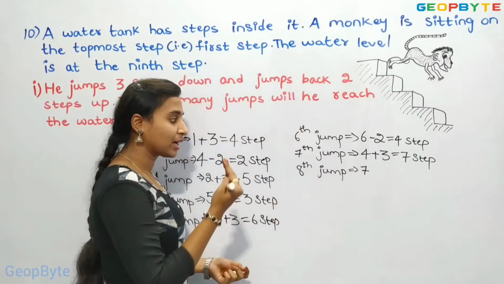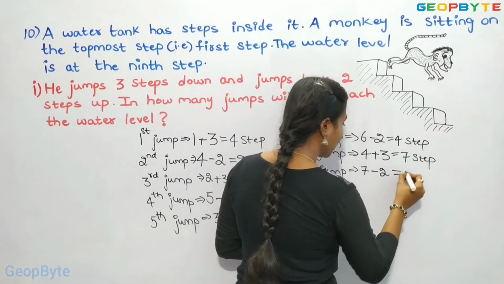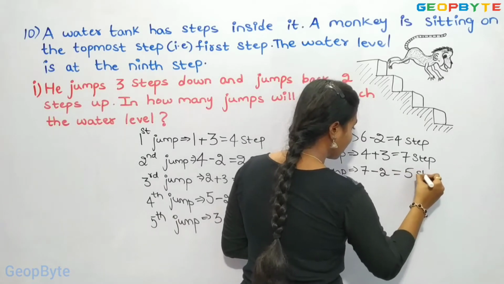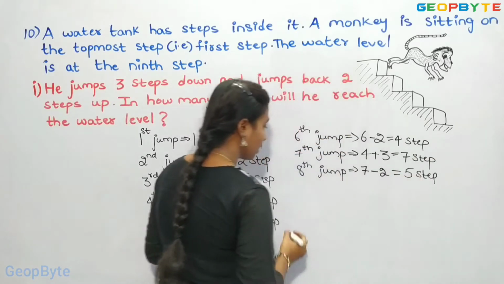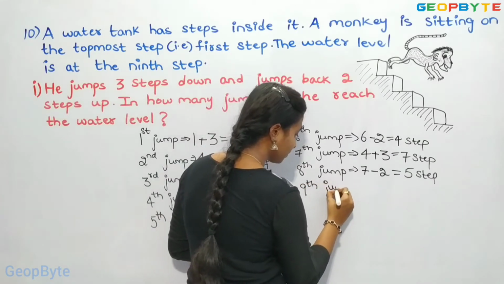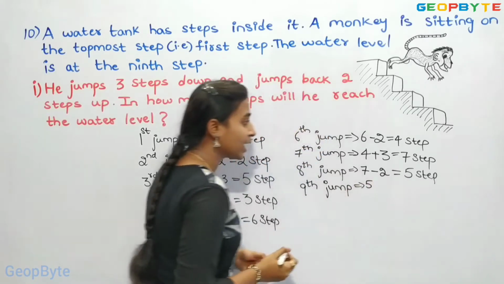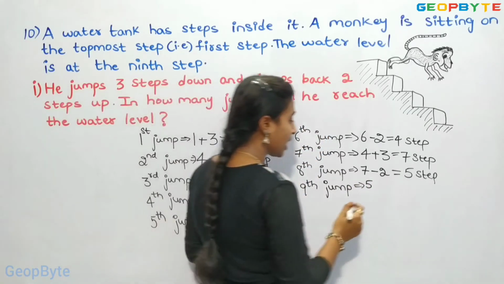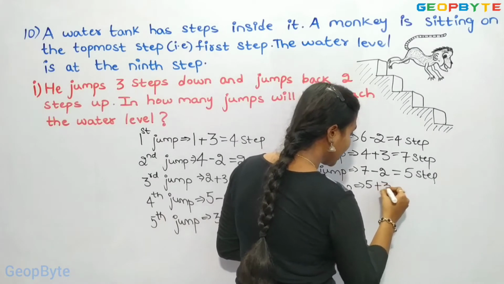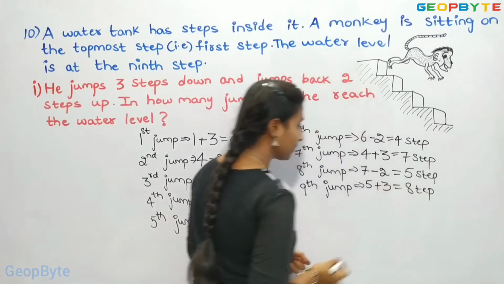He comes back 2 steps up. That is 7 minus 2 is equal to, he comes on to the 5th step. Next, in the 9th jump, he is on the 5th step. He jumps 3 steps down. That is 5 plus 3 is equal to, he is on the 8th step.